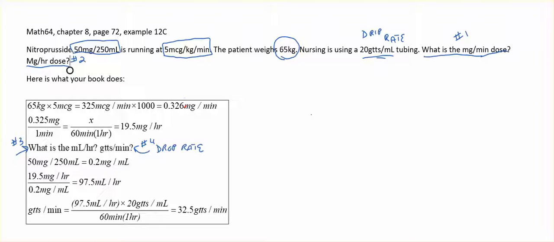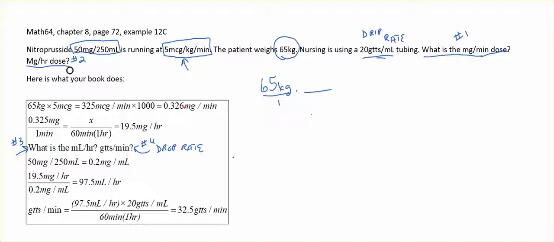Okay, so I'm going to do the first thing. How many milligrams per minute? I'm going to start with the patient's weight. I'm going to set up a little conversion chain, 65 kilograms, and I'm going to make use of this fellow right here.